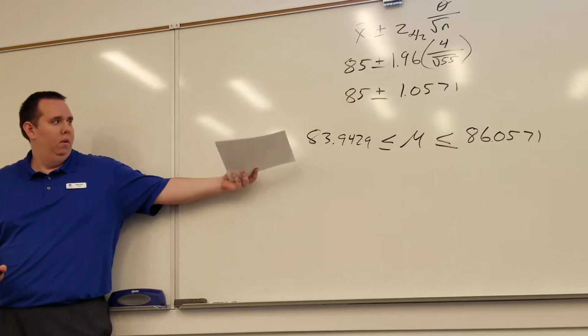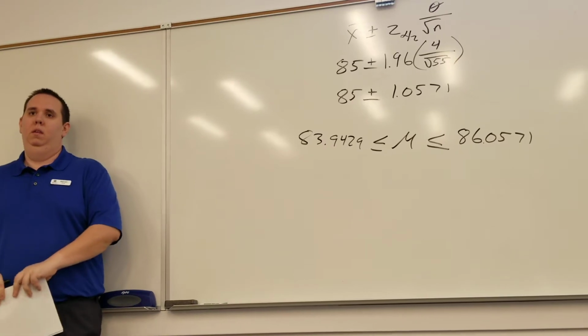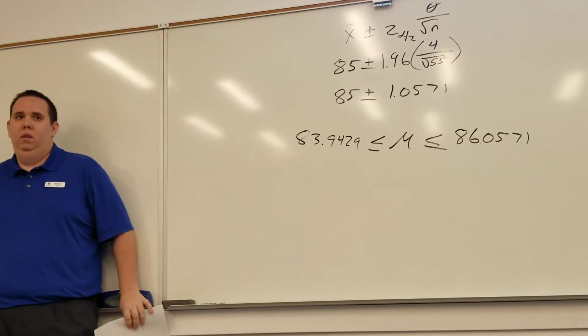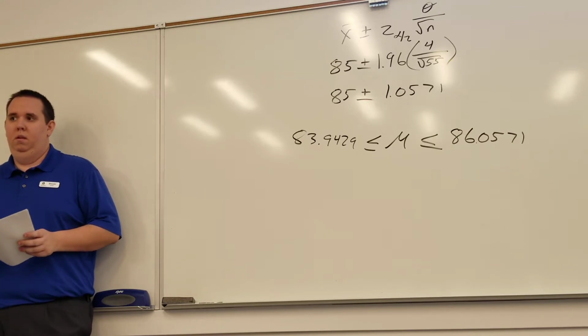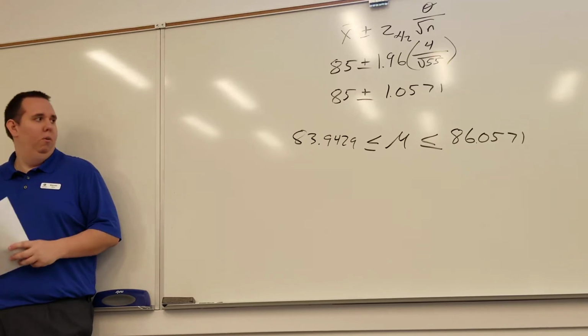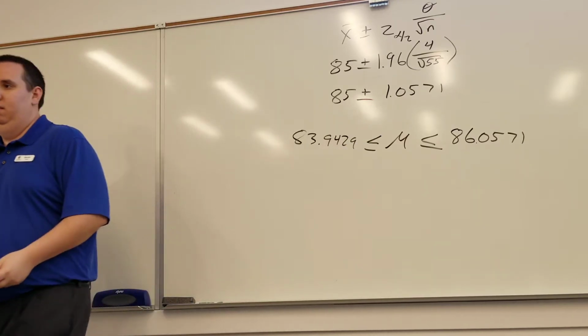So, what does this mean? That you're 95% sure that it'll be between those two numbers. That what will be between those two numbers? The temperature. That the temperature will be between 83.9 and 86 degrees.